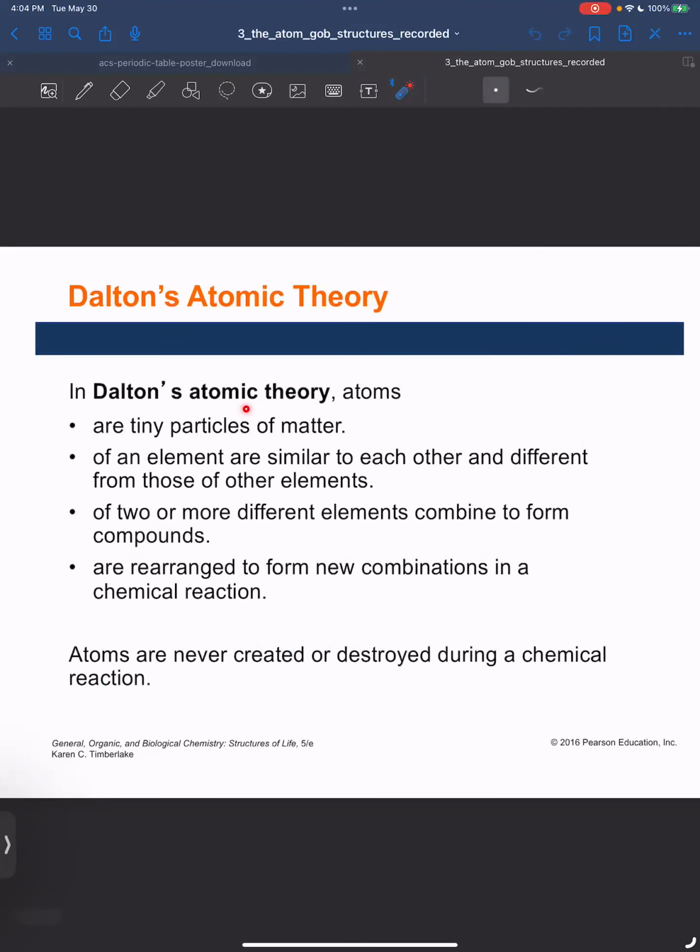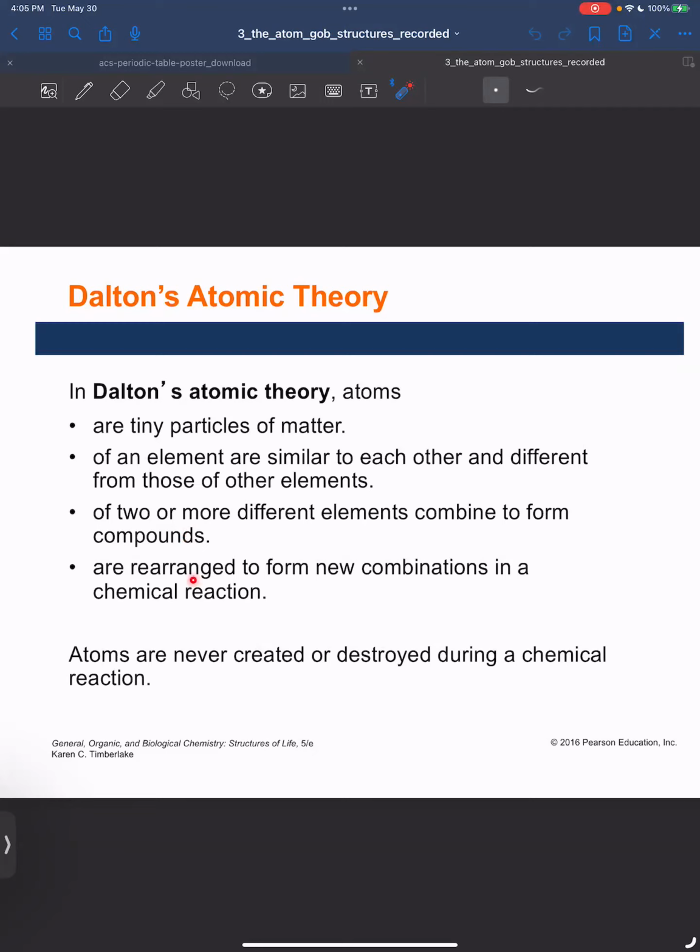In Dalton's atomic theory, atoms are tiny particles of matter. Atoms of an element are similar to each other and different from those of other elements. Atoms of two or more different elements combine to form compounds, like water, which is H2O, which consists of atoms of hydrogen and atoms of oxygen.